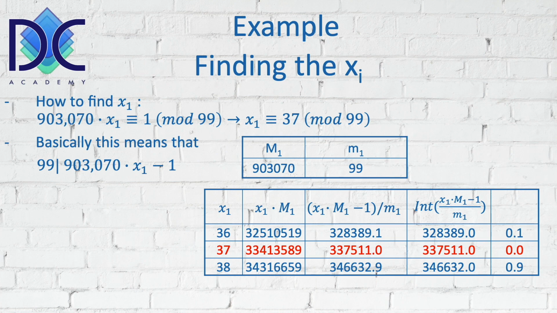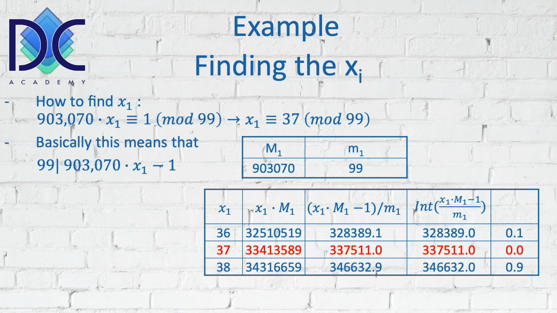32,510,519. And we see when we divide this by m1, it doesn't give us an integer. And we can see that there is a difference. So basically, 36 is not a solution here. 38 the same. Basically, 37 leads to a division that gives an integer.